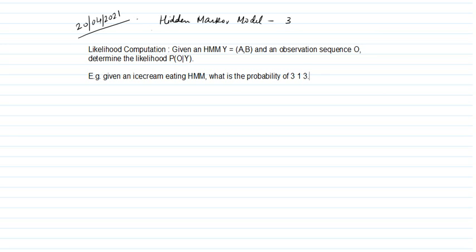For a simple Markov chain where we don't have any hidden states, the observations are represented as states, and we can simply calculate the probability of the sequence, that is P of 3 multiplied by P of 1 given 3 multiplied by P of 3 given 1, and so on, and then we can calculate the likelihood of this sequence of observations. However, the problem with the hidden Markov model is that we know the observations but we don't know the sequence of states.